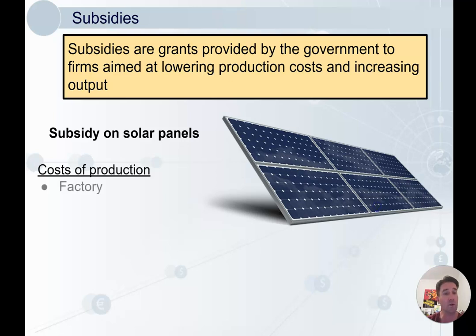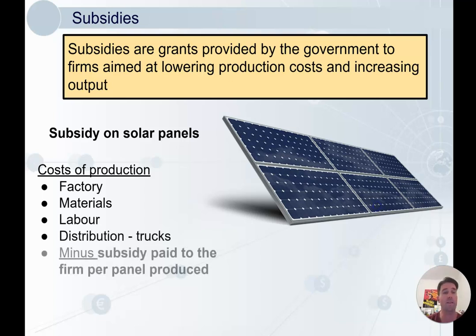So again, we'll look at the cost of production. You got your factory, you've got your materials, your labor, your distribution of them, right? Then what happens is they minus the cost of production because they give them money for each solar panel they produce.